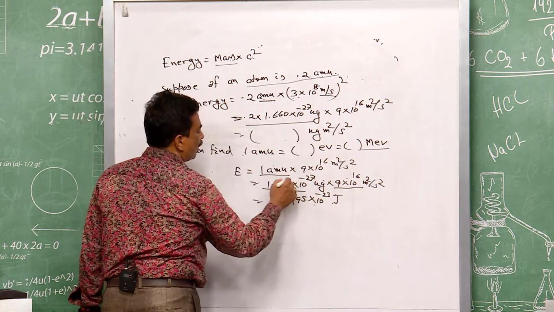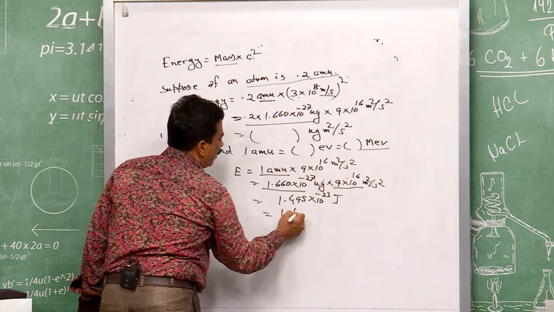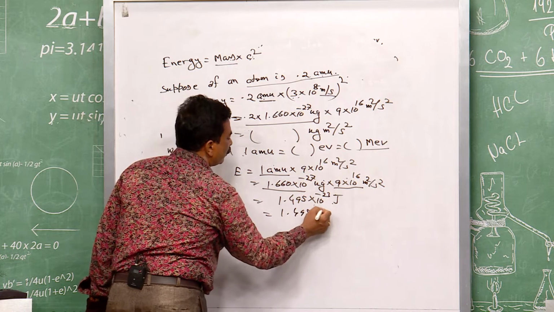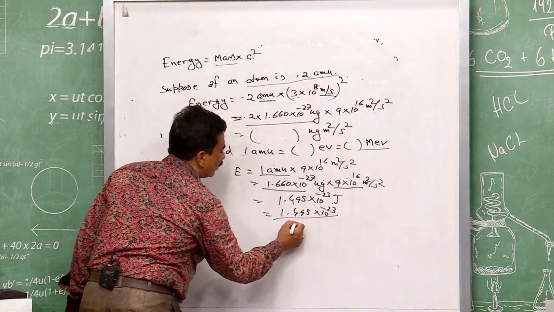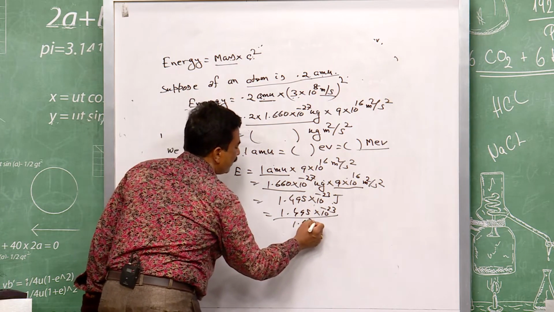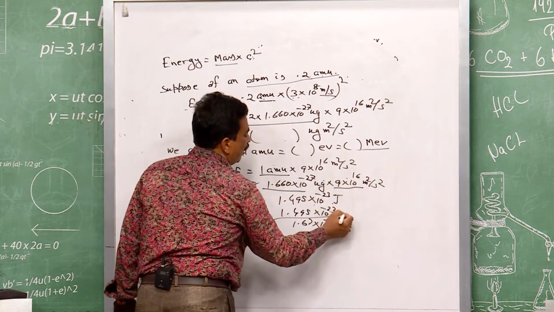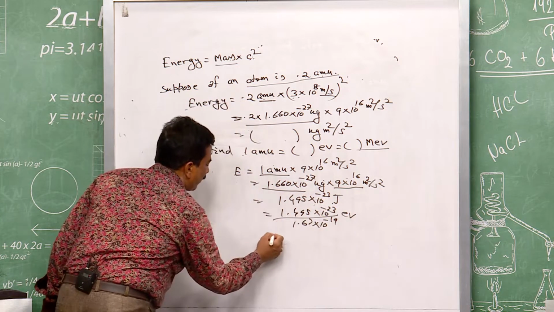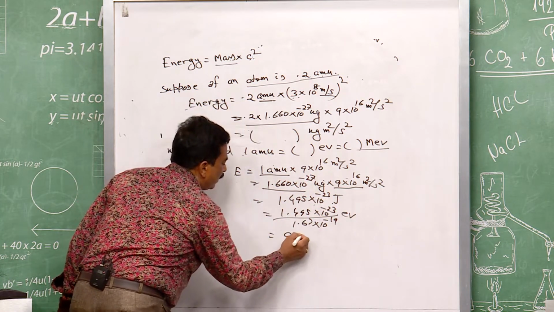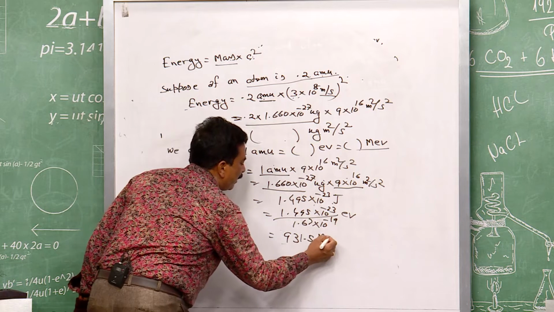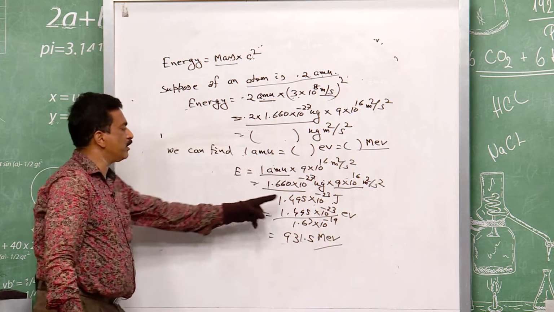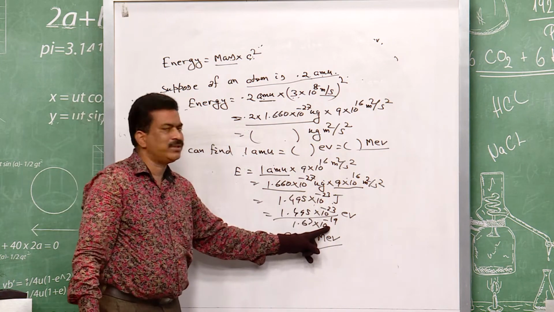And if that is to be converted into eV, then we divide 10 to the power of minus 10 joule by 1.6 into 10 to the power of minus 19. If we simplify that, it will be 931.5 MeV. The question comes, sir, why have you divided by this much?